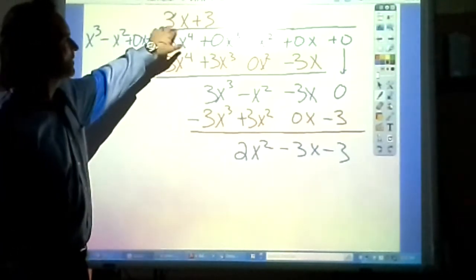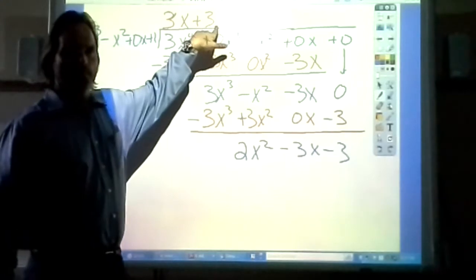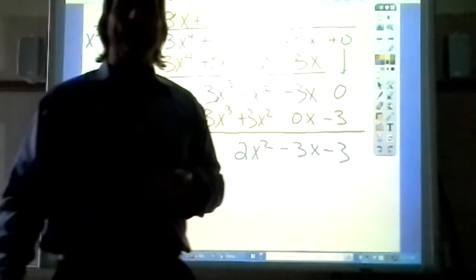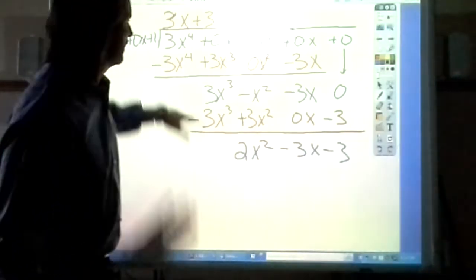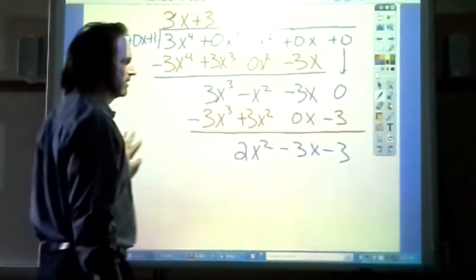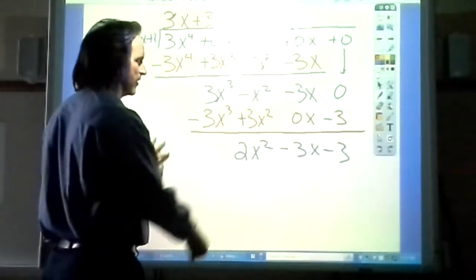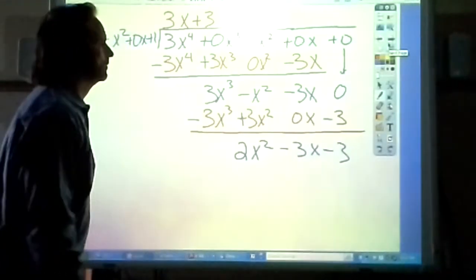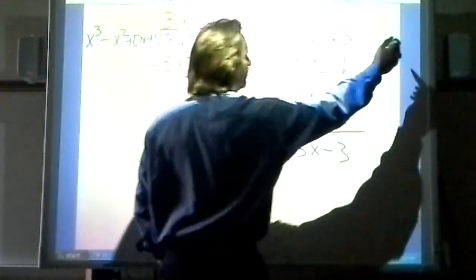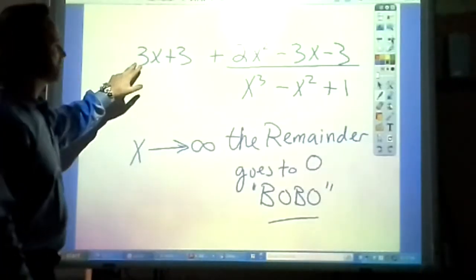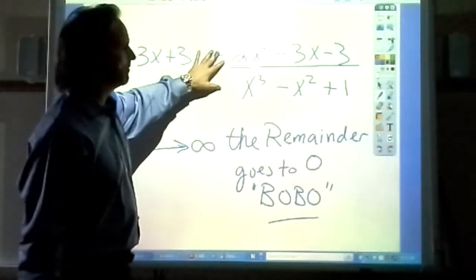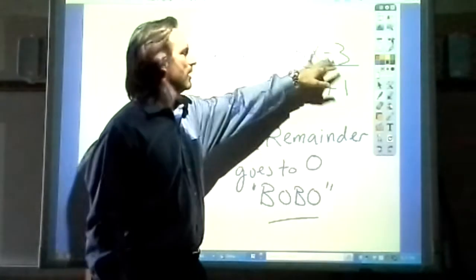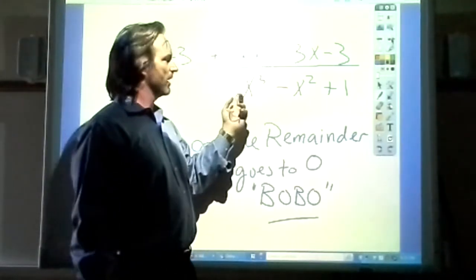Okay? So look, this 3x plus 3 is the equation of my oblique asymptote. That's a line, right? Let's try this again. Here's my answer: 3x plus 3 plus the remainder of 2x squared and so on over our divisor x cubed.